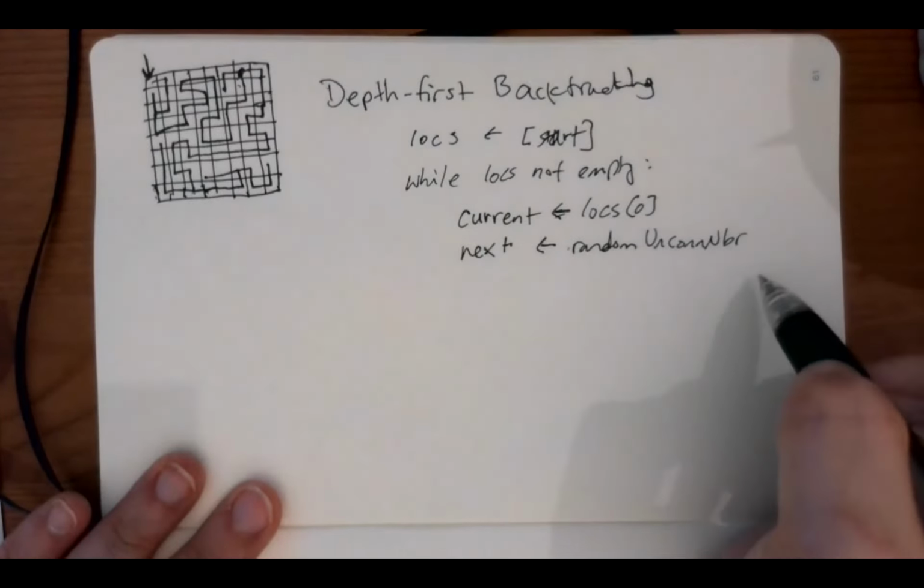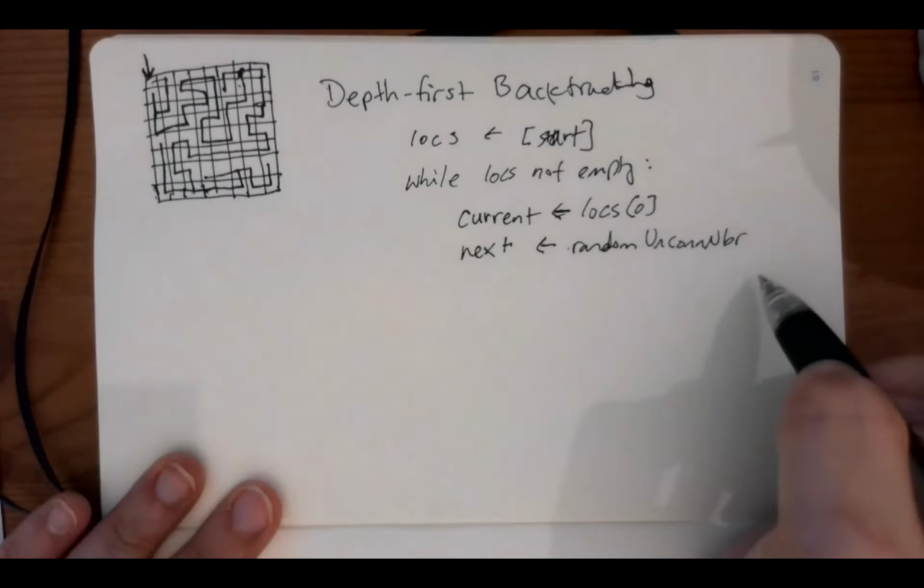Just like keep going until you can't. Okay, so then the you can't part is in the else branch, and in that case, you just pop the location stack. So you just pop off that location because there's nothing else you can do there, and the next iteration through the loop, you'll check the previous one you visited, and if that doesn't have any neighbors, you'll keep going.